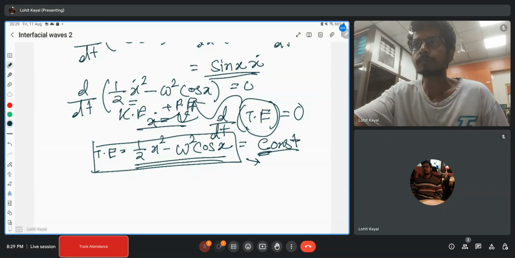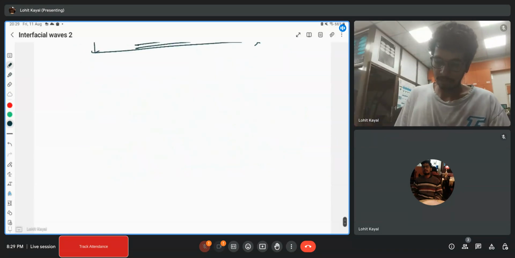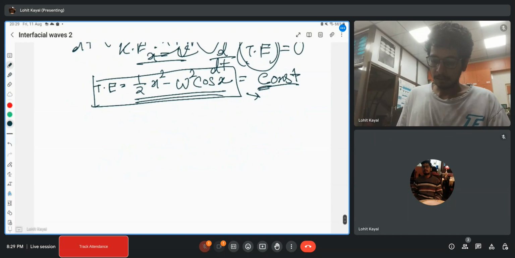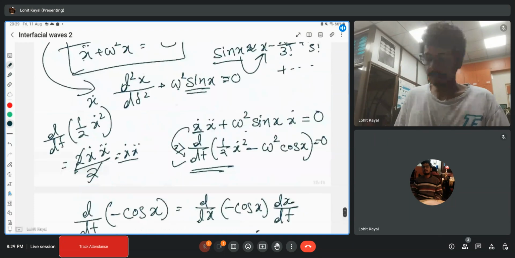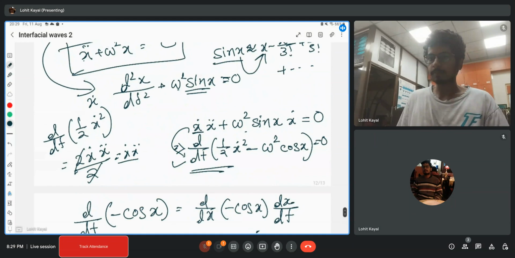Now suppose you have an equation like this. So this is the last problem that I am going to solve today. Now if you have some viscosity in your system, some damping, so there will be a term like b dx dt.